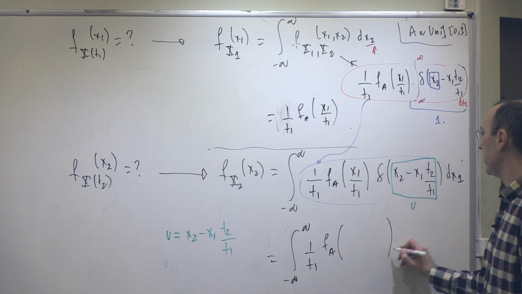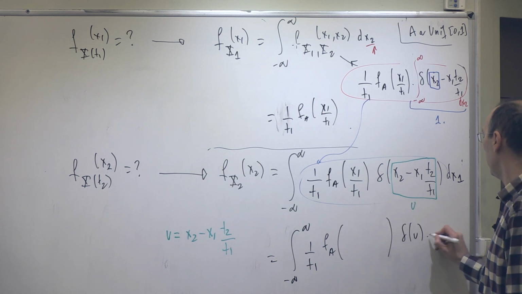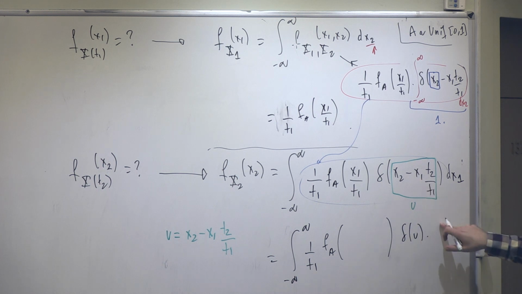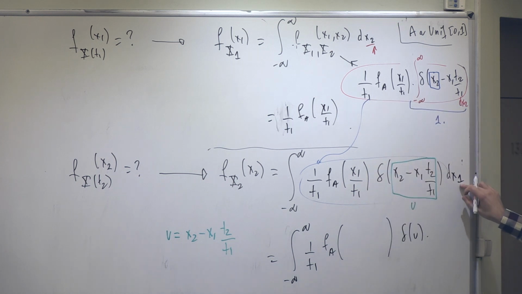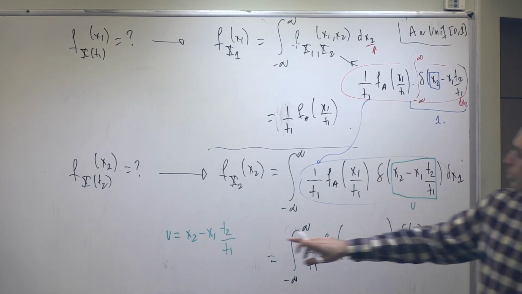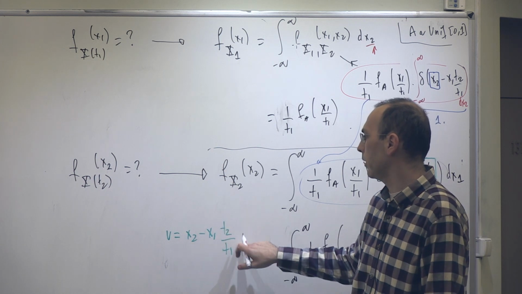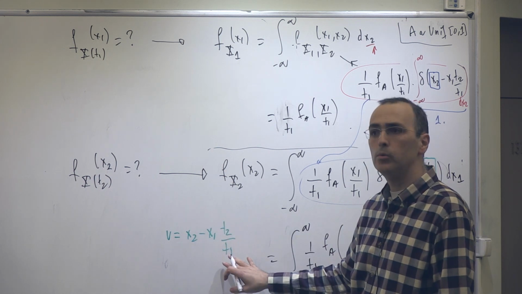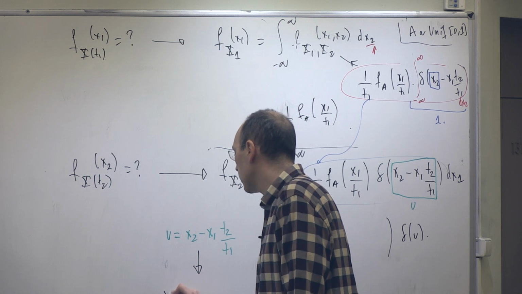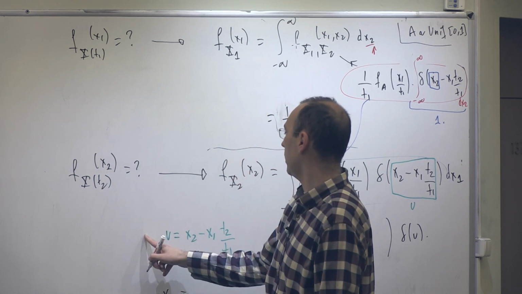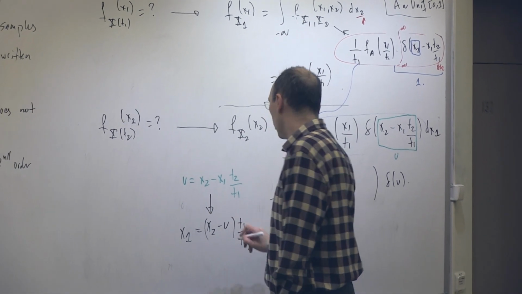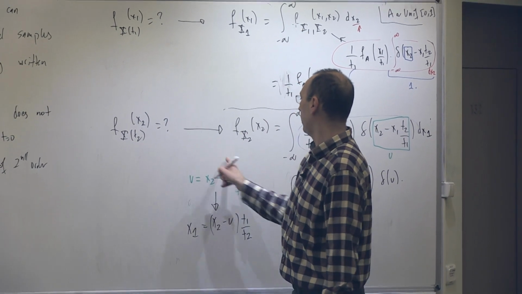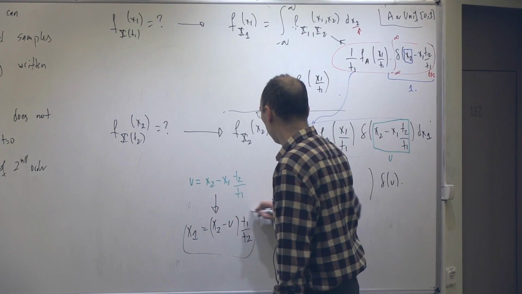So I'll be writing something over here, but this will be u, and I need du. The integration variable is x1, so x1 is the variable. These are constants right now: x2, t1, t2 are constants. So let me pull this x1 over here. Move this x1: x2 minus u, t1 over t2. Am I right? I think it's correct.